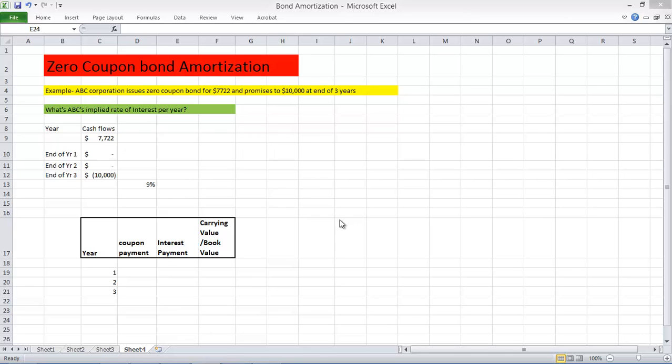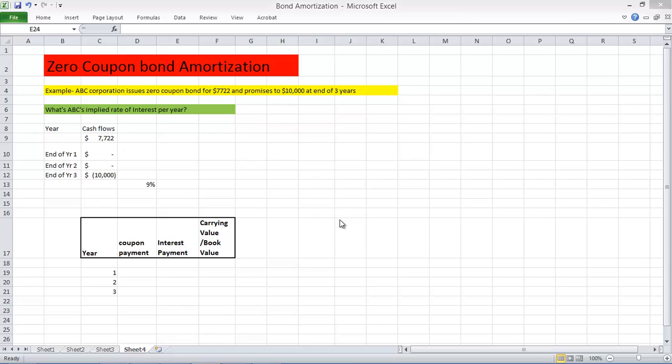So this is a zero coupon bond, which means they're not paying any coupon, not paying any interest per year. But after the end of 3 years, they're paying you $10,000.